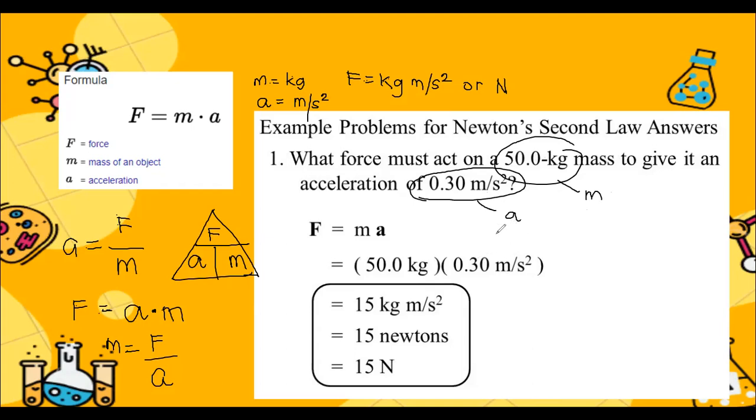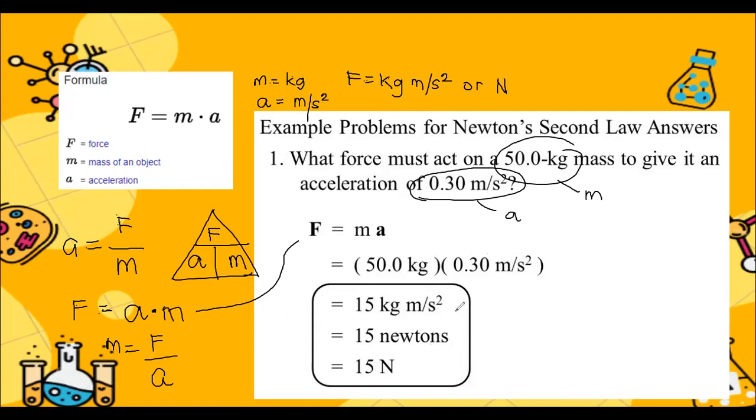Now, if you substitute it using our formula, it is just multiplication. So, you need to multiply mass and acceleration. So, we have 50 kilograms of mass and an acceleration of 0.30 meter per second squared.